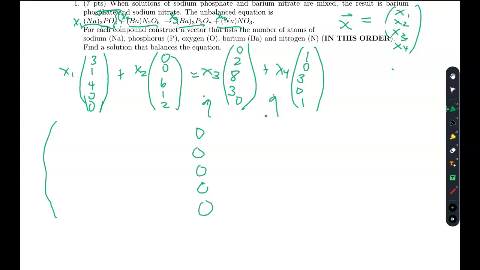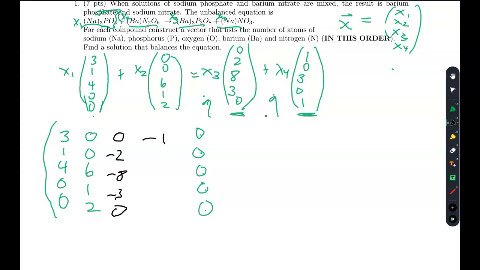So there's 1, 2, 3, 4, 5. Then I'm going to put this vector here, and this vector here. And then remember, these two are getting subtracted over. So I'm just going to emphasize that and make sure that you put negatives in front of these ones. So I get a -1, 0, -3, 0, 1.